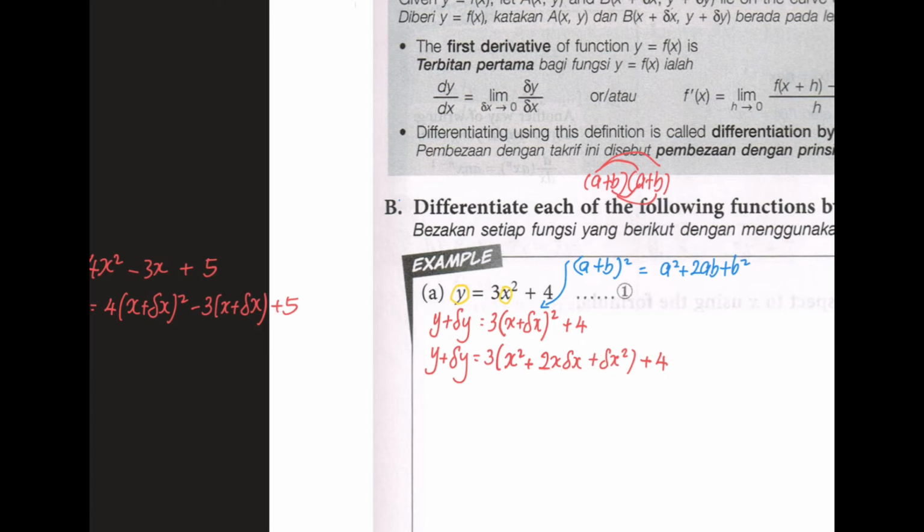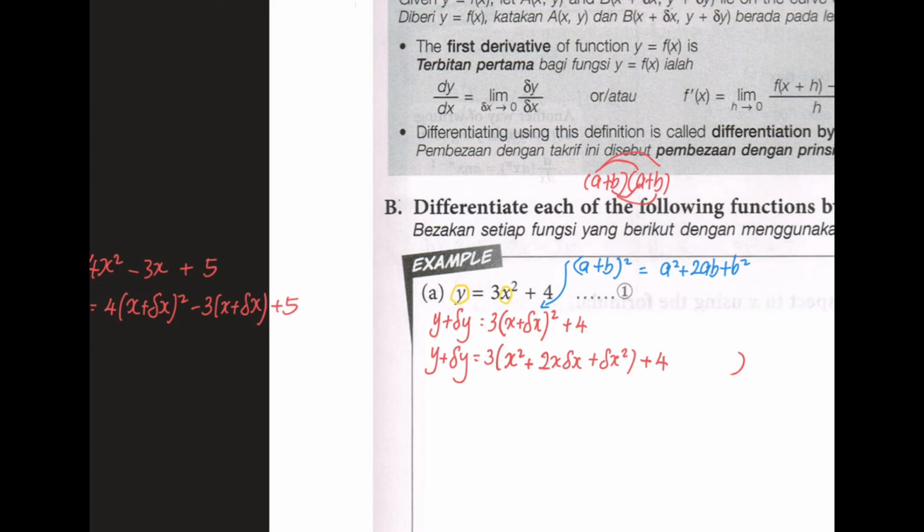Okay, so after we do so, then we call it equation 2. They give us the equation here, you call it equation 1. Then you change it to y plus delta y, you change it to x plus delta x, expand, and equation 2. Let's say I don't want to call it equation 2 first.